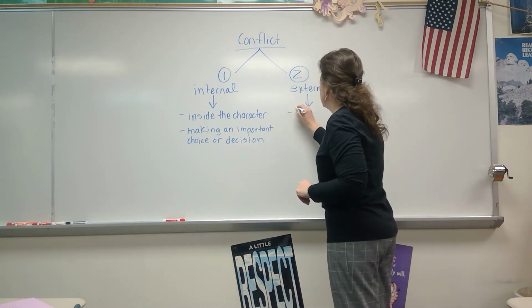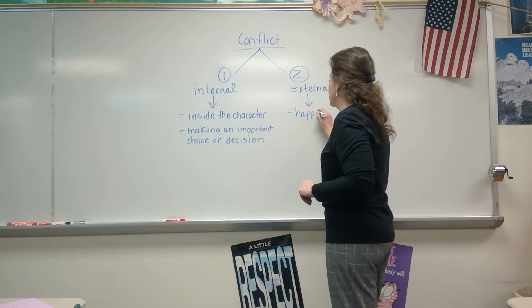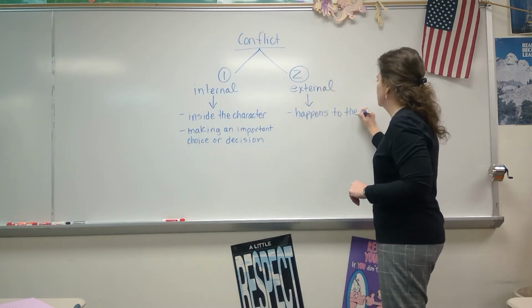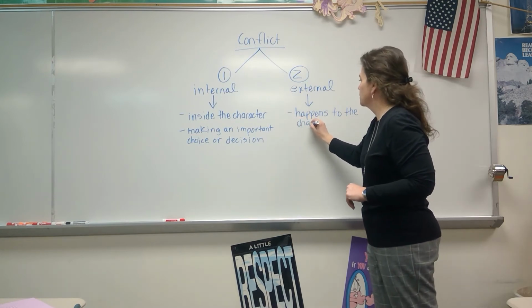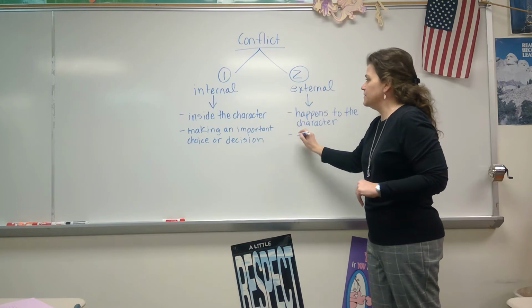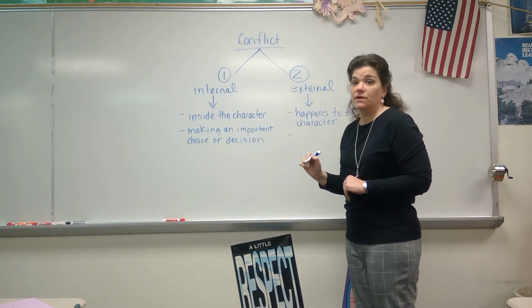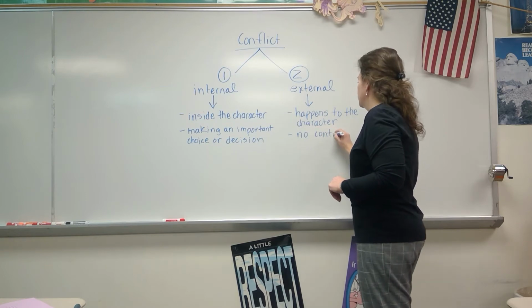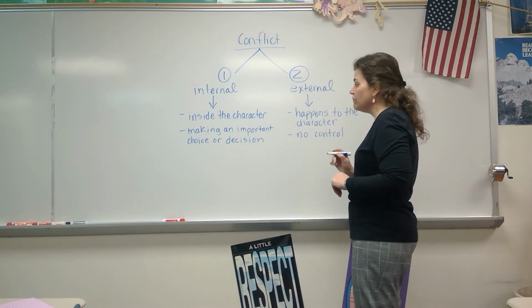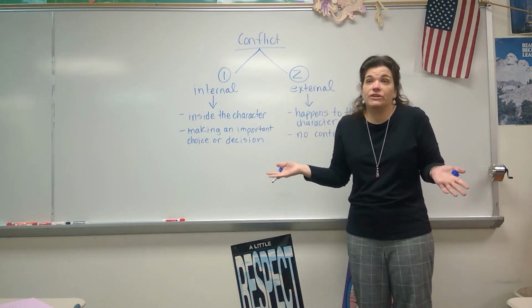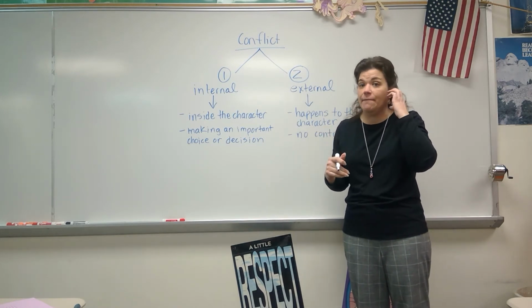So this, it just happens to the character. And they don't get to choose. They have no control. So in that instance, they have to deal with what the fallout is of whatever happens.